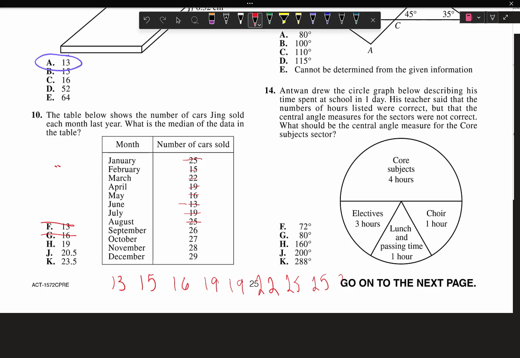And then 26, 27, 28, 29. So that's 3, 4, 5, 6, 7, 8, 9, 10, 11, 12. Okay, 12 months of the year, I should call it that. So that means there's two middle numbers right here. So the average of 22 and 25, the number right in between those two numbers, is 23.5.